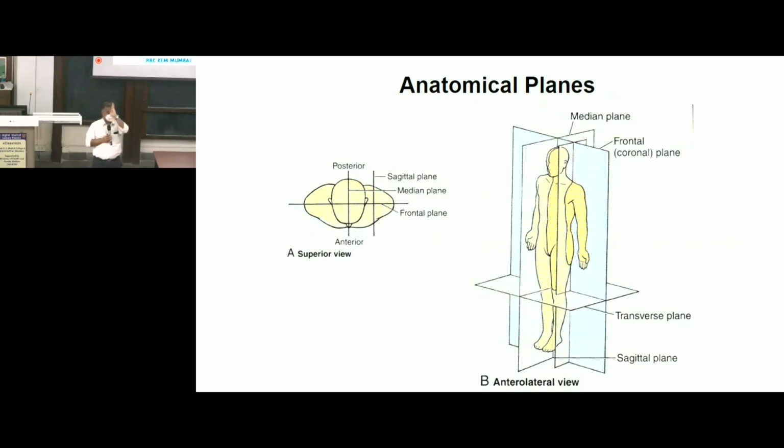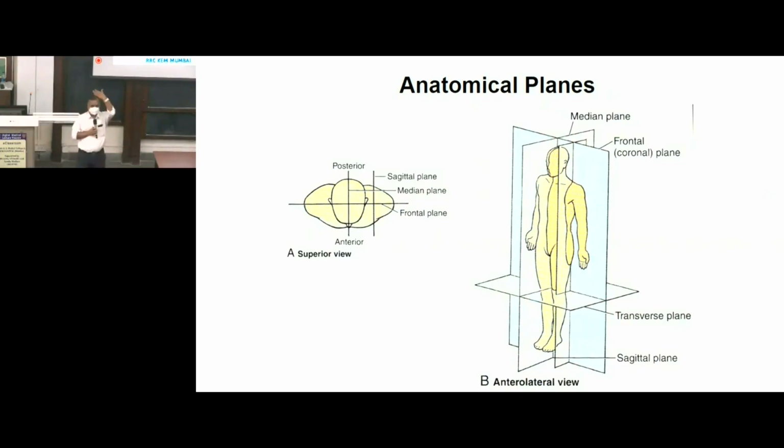Any plane which is parallel to the median plane is called the sagittal plane or parasagittal plane because it's parallel to the suture of the skull, which is referred to as the sagittal suture. The median plane cuts the body into right and left halves. Parasagittal is parallel to this median plane.